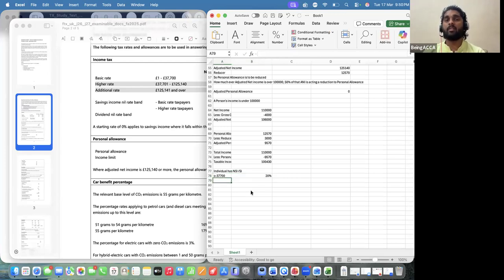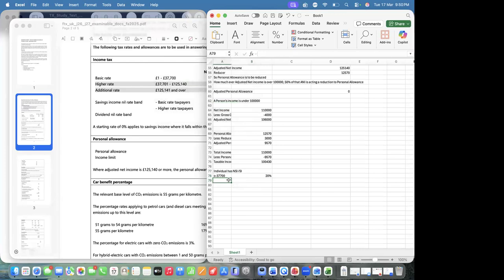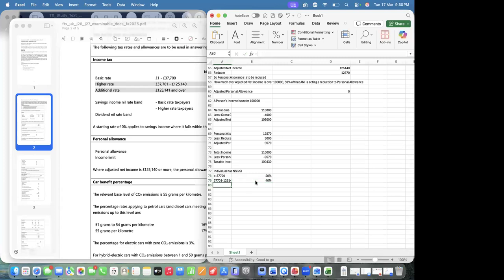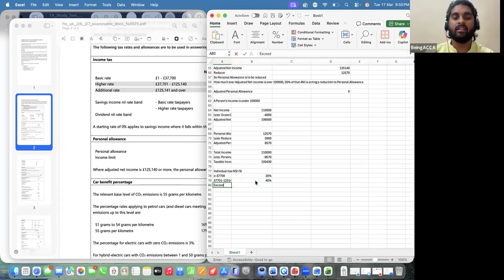That means you'll have to pay 20% tax on your taxable income that falls between 0 and 37,700. From 37,701 to 125,140, any income that is over 37,700 but under 125,140 will be taxed at 40%. If the income exceeds 125,140, then you will tax it at 45%.